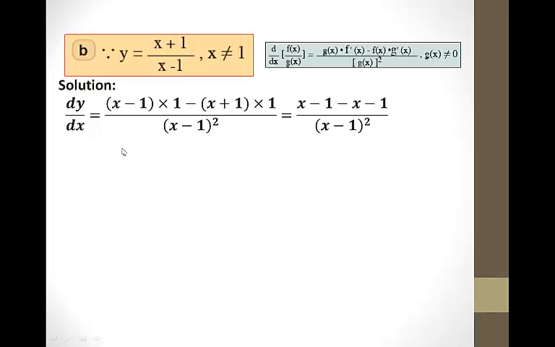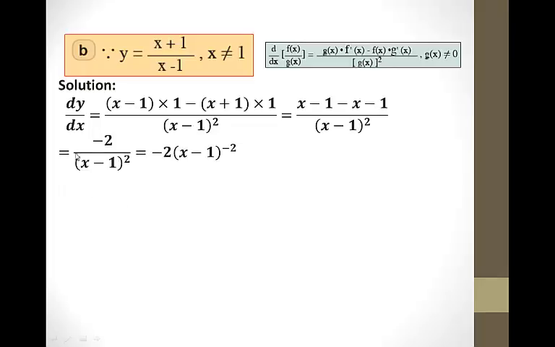By simplifying, we get x minus 1 minus x plus 1, giving negative x minus 1 over x minus 1 all squared. So x minus x equals 0, and negative 1 minus 1 equals negative 2.